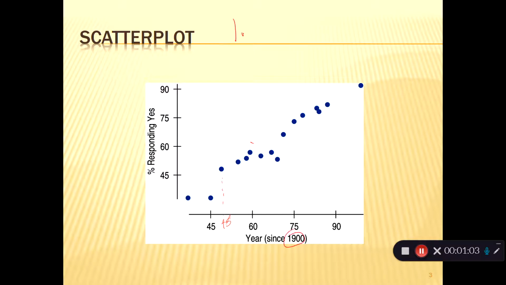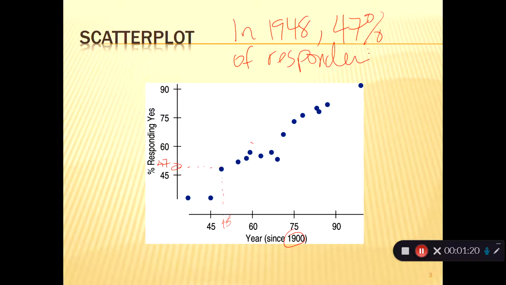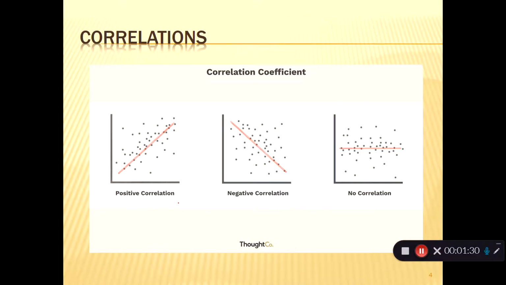So in 1948, what happened? Let's look over here, and that's maybe about 47. So we would say 47% of respondents said yes. That's how I'm reading that individual data point. I can read each one of these data points that same way.